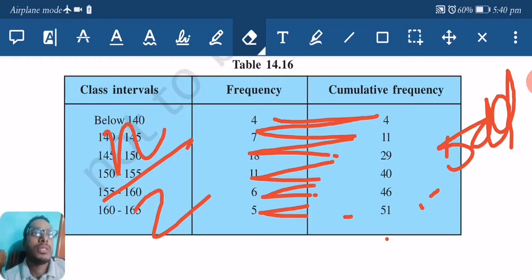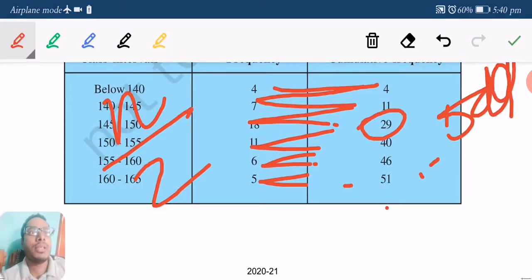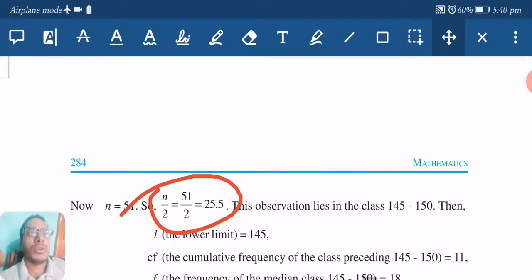So if you see the cumulative frequency 29 here, this is the exact cumulative frequency we have to take for the value of n by 2, that is 25.5. What is the class corresponding to this cumulative frequency 29? The class is 145 to 150.